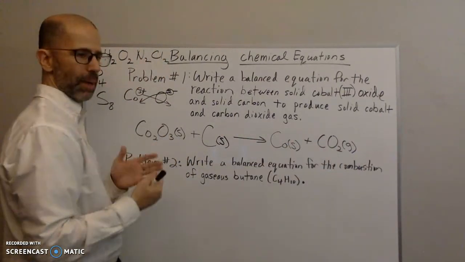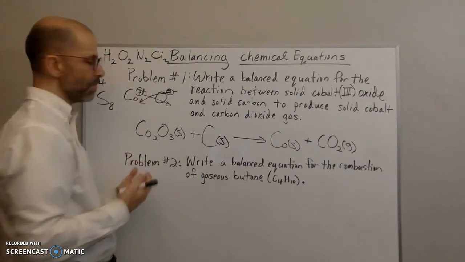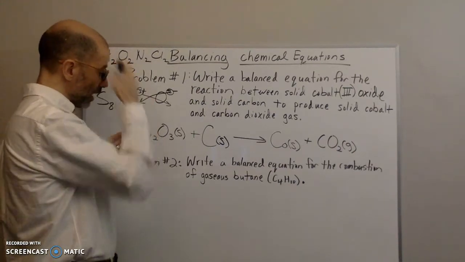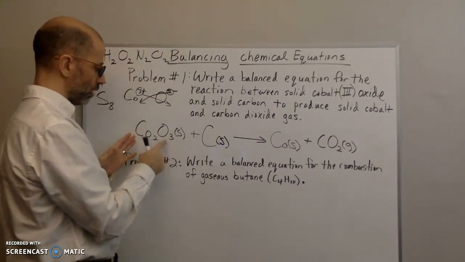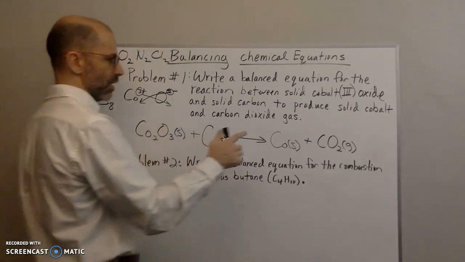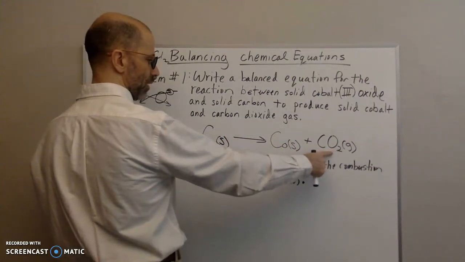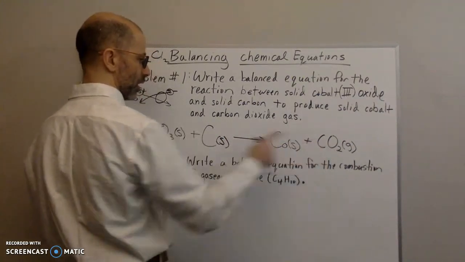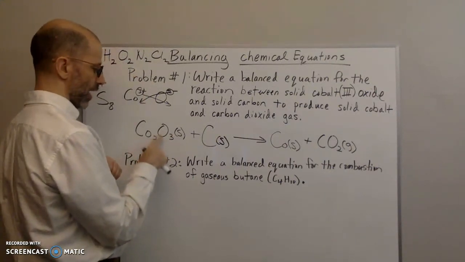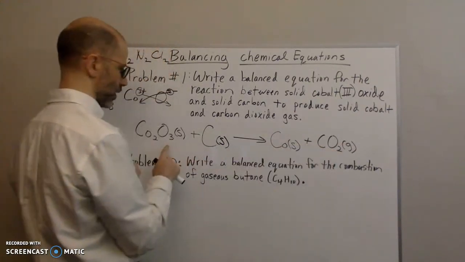If you think about it, you can remember we can do fractions, right? So if I have 3 here, and I need 3 over here, then I can multiply this by 3 halves, because 1 and a half times 2 will give me 3.